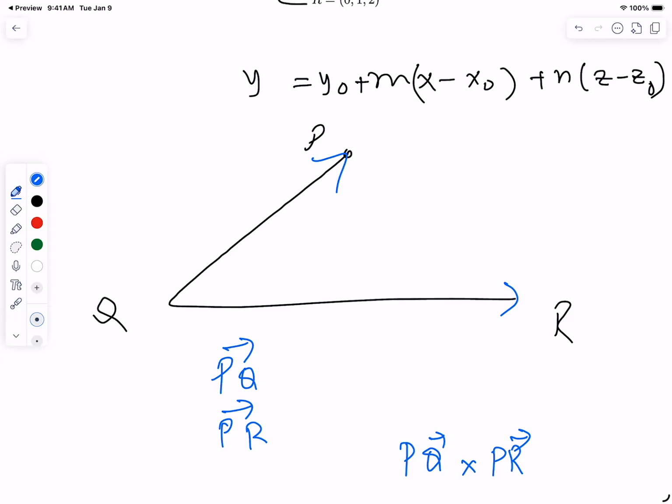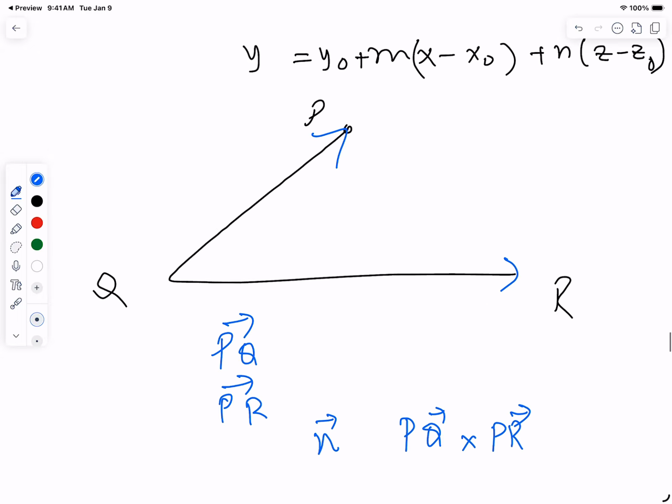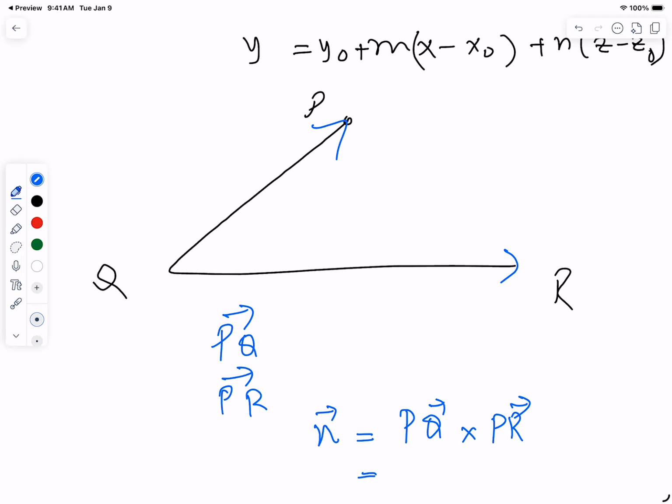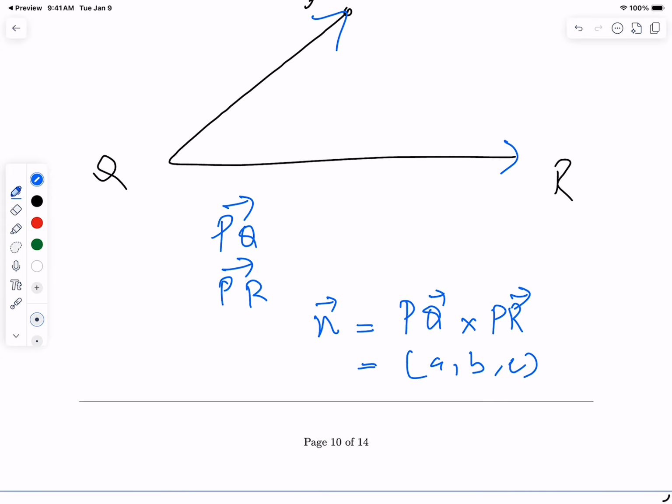Let me call this vector n, and once you do this, it will give you a vector (a, b, c), and you choose a point. Then the equation of the plane is a(x minus x0) plus b(y minus y0) plus c(z minus z0) is equal to 0.